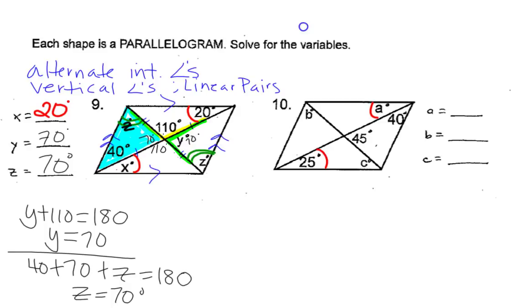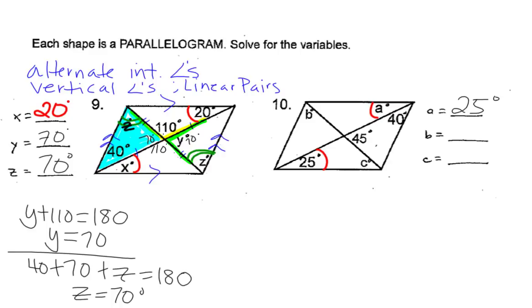Okay, in number 10, I'm going to go ahead and mark everything congruent if I can find any particular things that need to be congruent. Looks like so far the alternate interior angles, that's the first one I can see, is that A has to be 25 degrees.